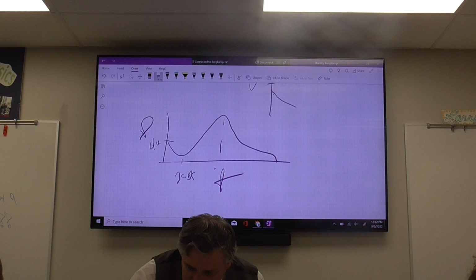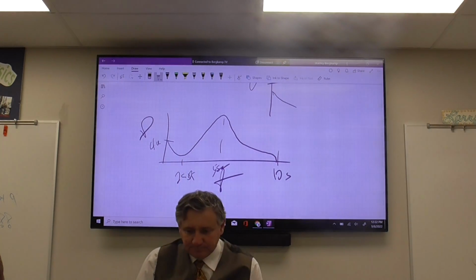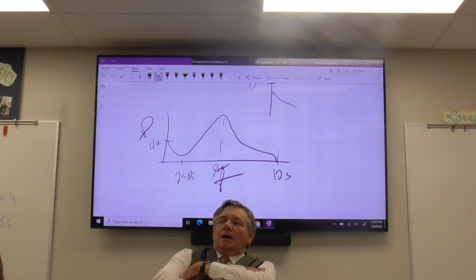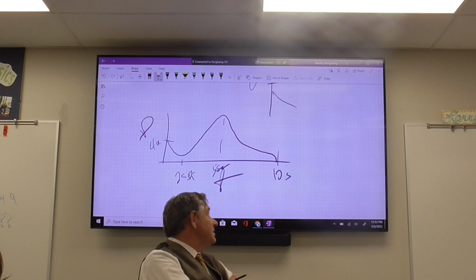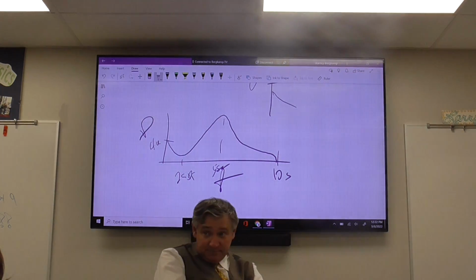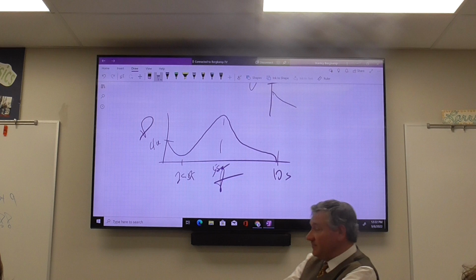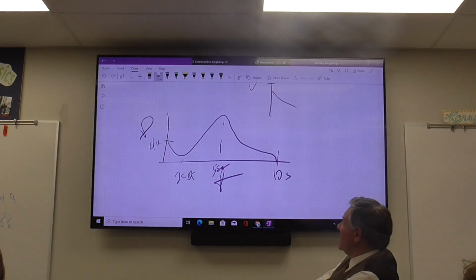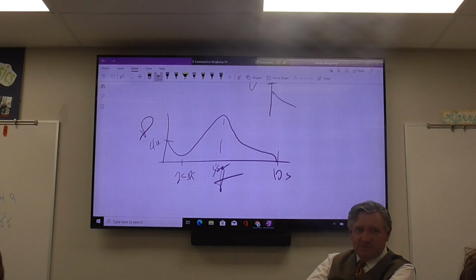Let's say that's 5 seconds, and that's something else. That's a position time graph. How many times does that object change direction?